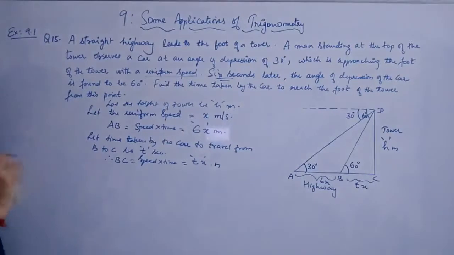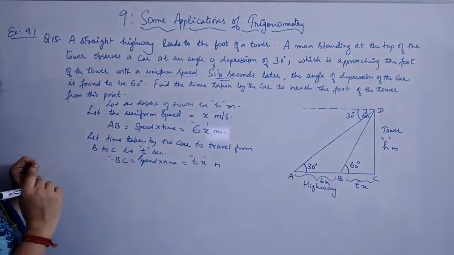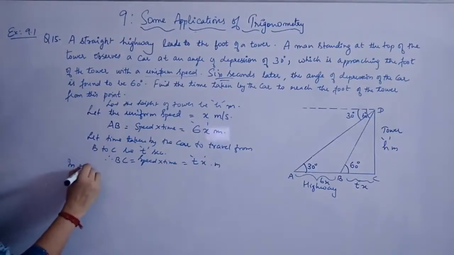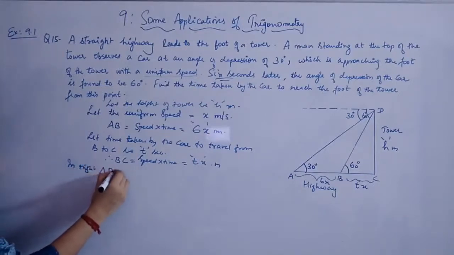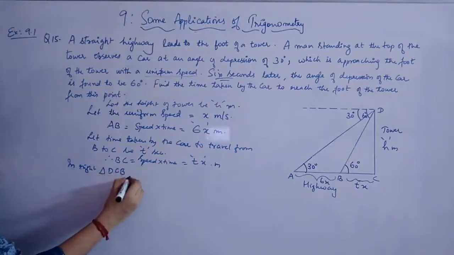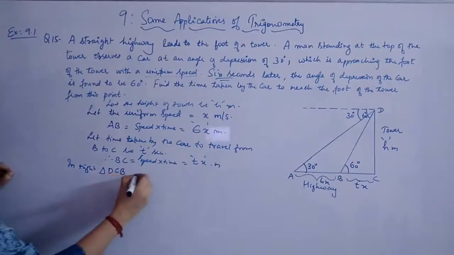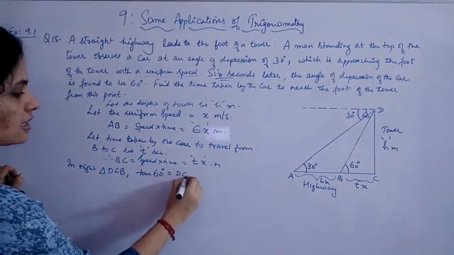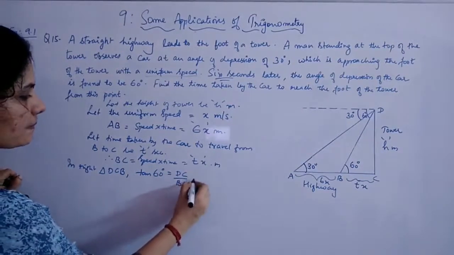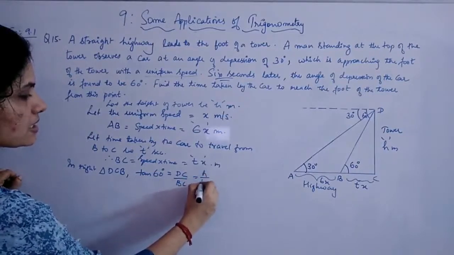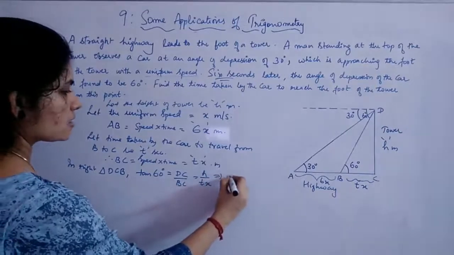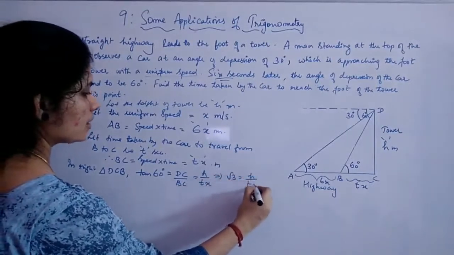Now we'll just take the two triangles. Which triangles do we have to consider? Triangle DCB and triangle DCA. In triangle DCB, tan 60 degree is equal to DC by BC. DC is h, BC is tx. So tan 60, which is root 3, is equal to h by tx.